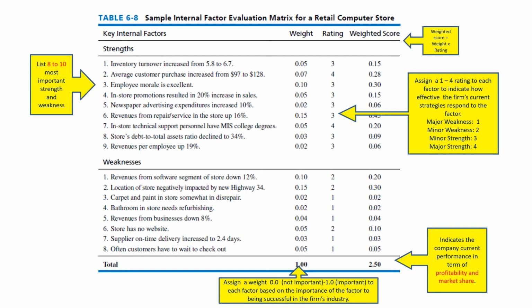So here we have this diagram, this IFEM matrix from the textbook. If you look at this box, this is the first step. You need to list 8 to 10, or as many as you can, factors for strengths and weaknesses.